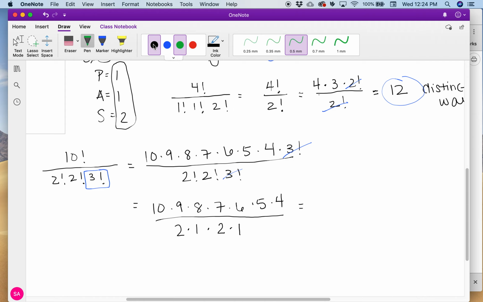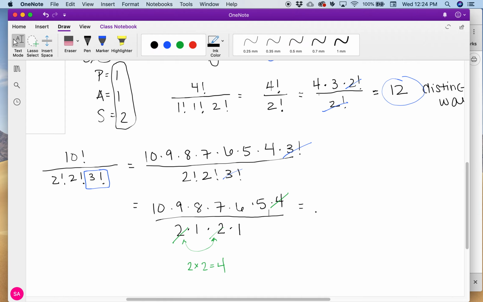So, for example, what's 2 times 2? 2 times 2 is 4, right? So I'm going to cancel these 2's out with this 4 on top, right? So that's one option because, well, on the bottom we're just left with 1's, and anything divided by 1, you're just left with what's on top. So we just have 10 times 9 times 8 times 7 times 6 times 5.